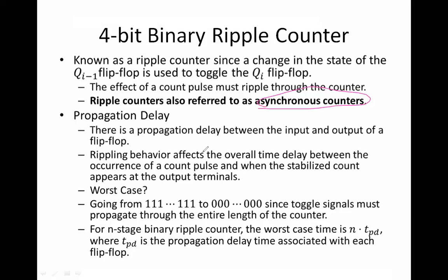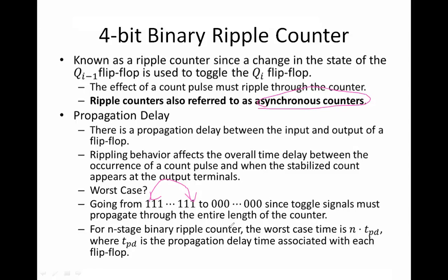So the rippling behavior affects the overall time delay between the occurrence of the clock count pulse and when the stabilized count appears at the output terminals. So when is the worst case? The worst case is moving from high value to a high value, because it has to pass through all the states in between. I just cannot jump to a specific state.